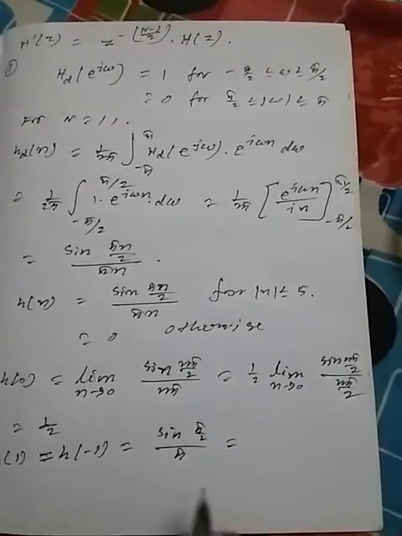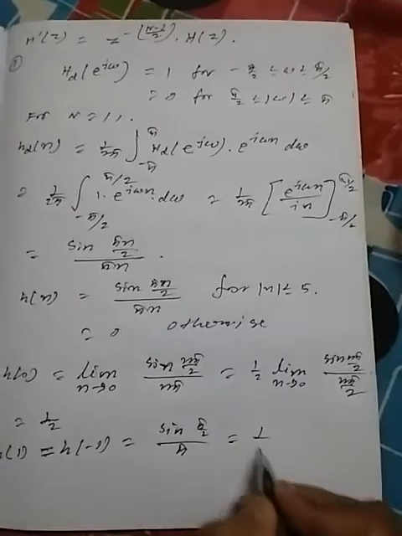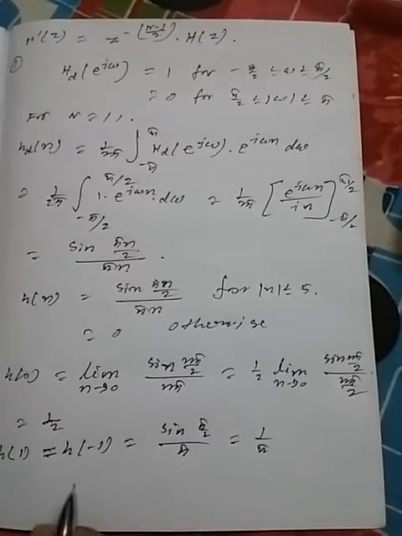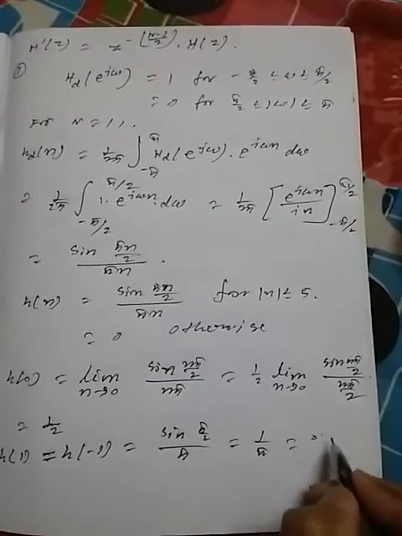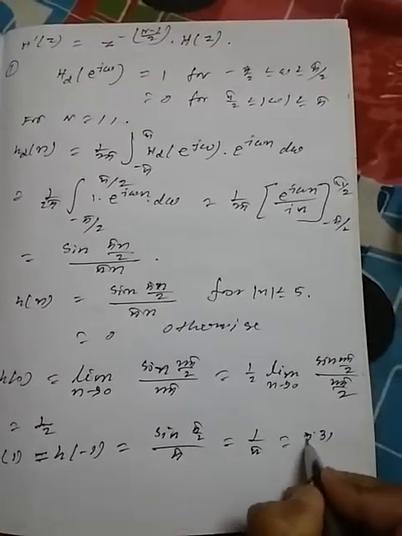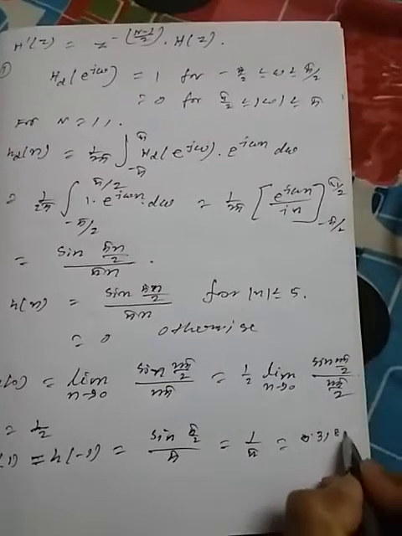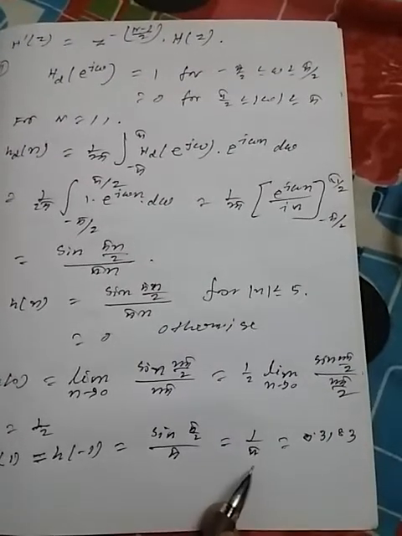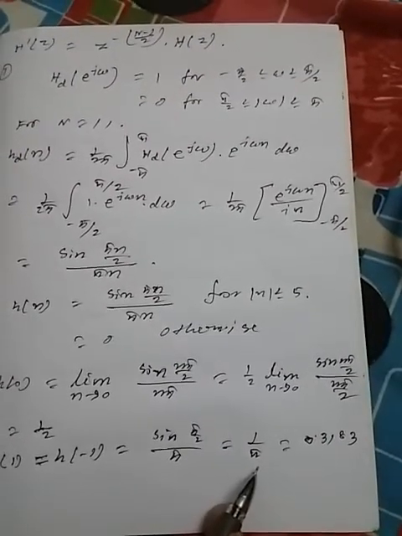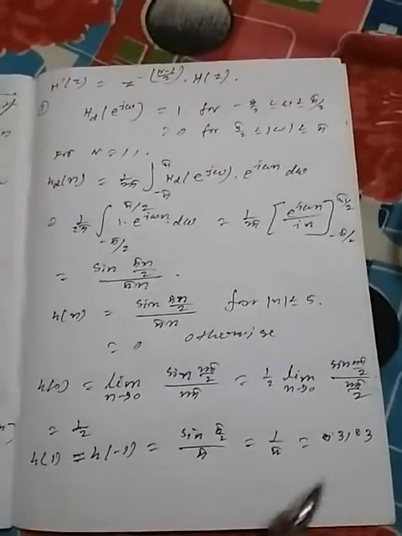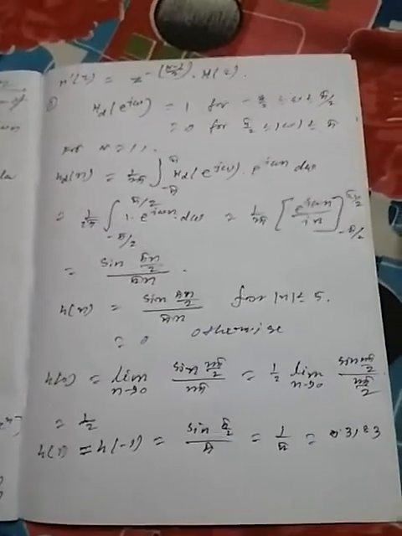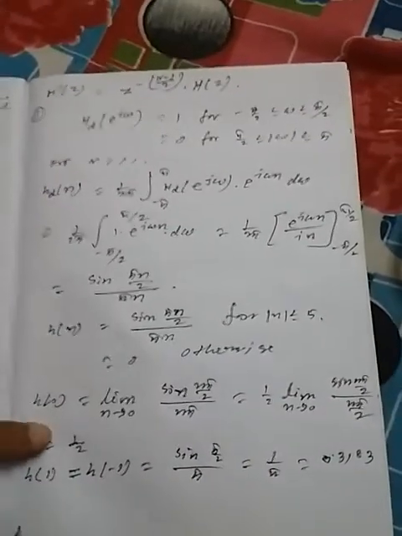Okay, so sin(π/2) equals 1, and this is π, so it is 0.3183. Because as we know π equals 22/7, so it will be 7/22, that has a value of 0.3183, right?